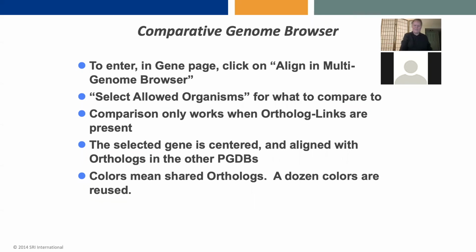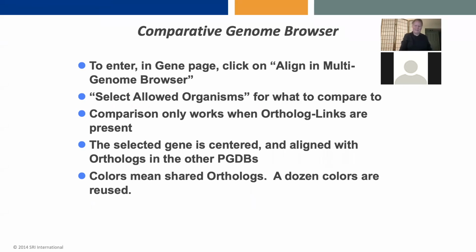This only works when the organisms you're interested in working with have orthologs. We have orthologs for many of our 19,000 databases, but not all of them. And in cases where we don't have ortholog information, we can make sort of a best guess, but the information will be displayed as not being orthologs.